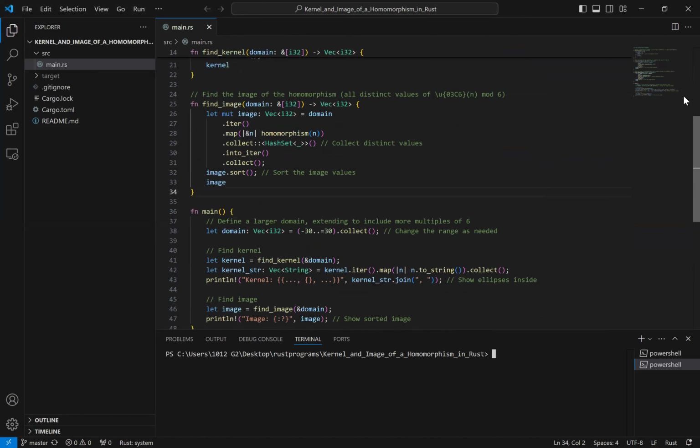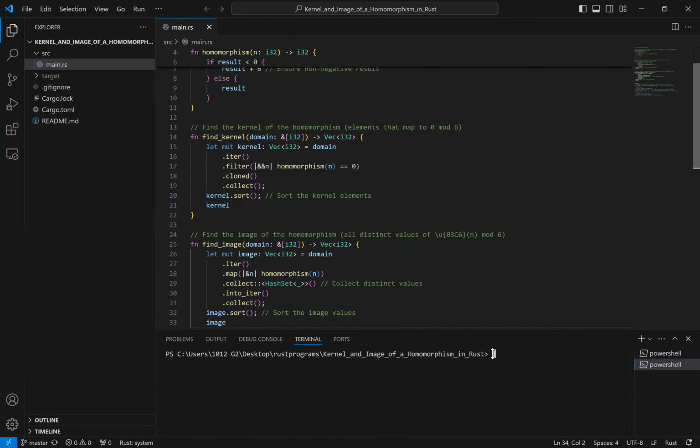You can see the code. Huh? Or my internet is not stable.